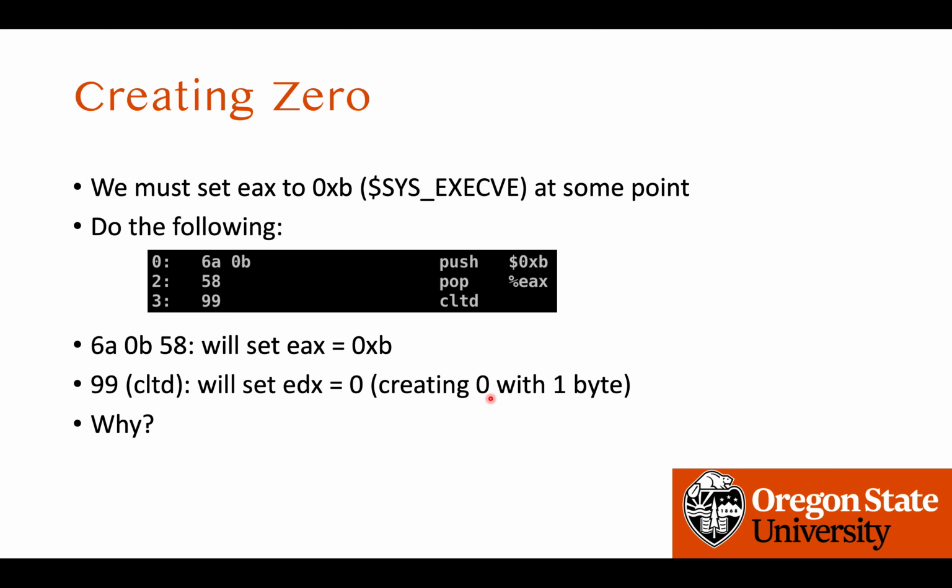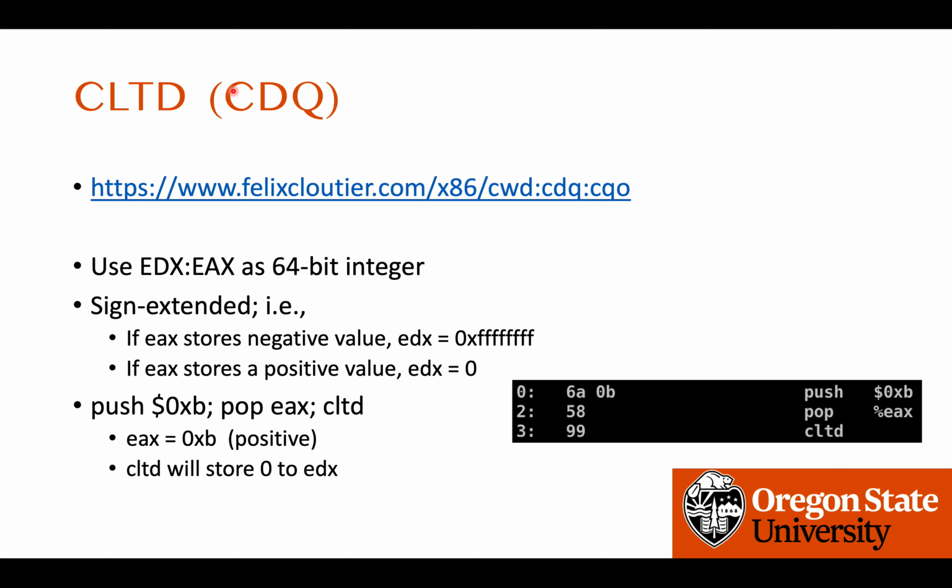So you can create the 0 register value by using just a 1 byte opcode. And why does this instruction set EDX as 0? You can find information about this CLTD, whose alias is CDQ, from the link below.